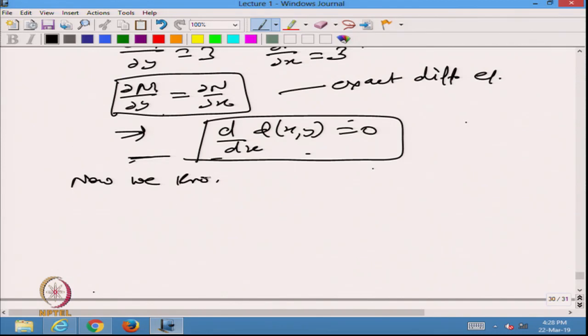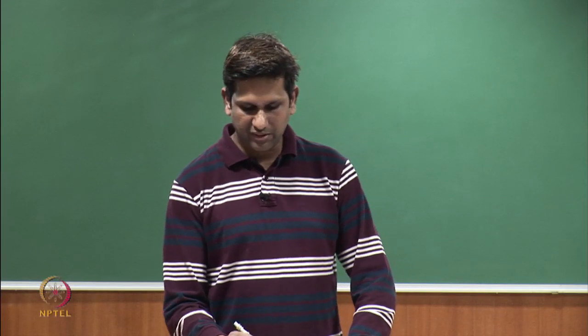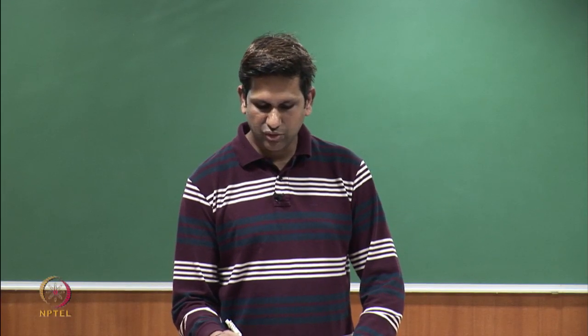We know that del phi by del x is equal to M, and del phi by del y is equal to N, because if I take the total derivative and compare with the differential equation, this should be equal to this and this should be equal to this.